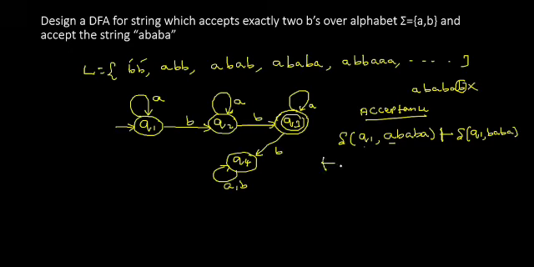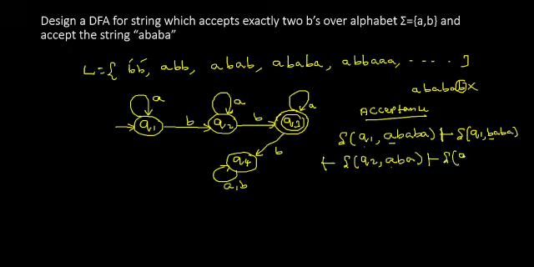Now again, B is applied in Q1, so I go to a state called Q2, and B goes off. What will be remaining? ABA will be remaining. Now in the third case, when A is applied in Q2, we will be standing in Q2 itself.